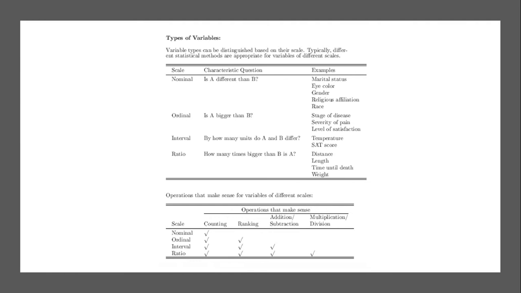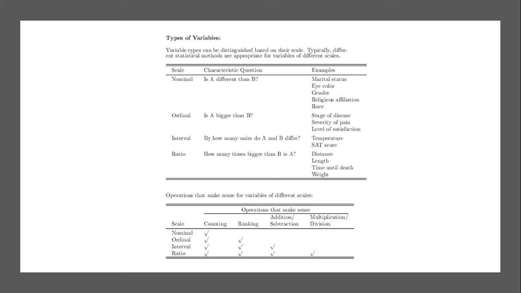A ratio level, how many times bigger than B is A? And you can see examples like distance, length, time until death, weight. SAT scores, or even MB-CRNA CPC exam scores, that would be interval level data. In reality, the difference between interval and ratio, for all practical purposes, the statistical tests we use are exactly the same for that type of data.